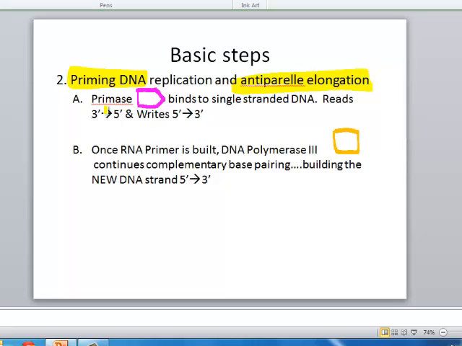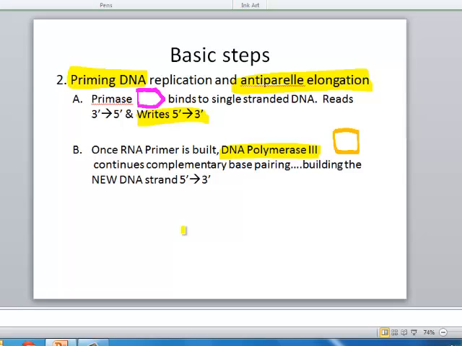So we have our primase, which binds to single-stranded DNA and reads it from 3' to 5', but more importantly, writes or builds it 5' to 3'. Not more important in nature, but more important to you remembering when you're drawing this. Once the RNA primer is built, DNA polymerase 3 comes along, yes, Roman numeral 3, and continues the complementary base pairing, building the new DNA strand 5' to 3'.